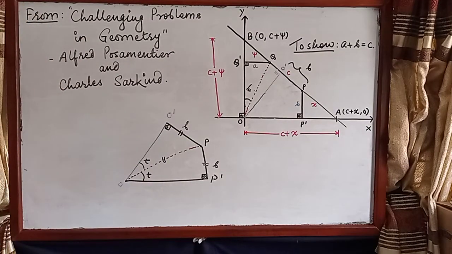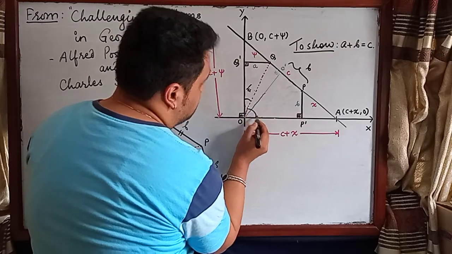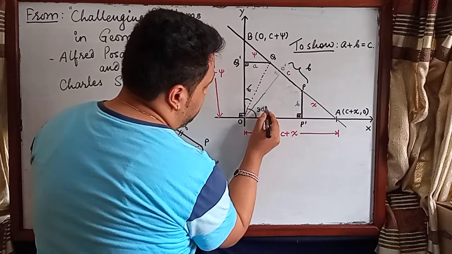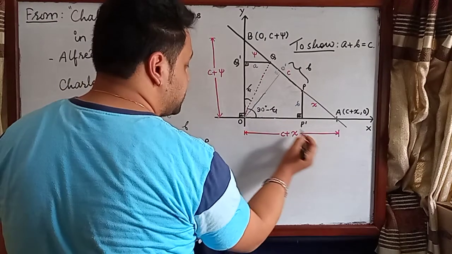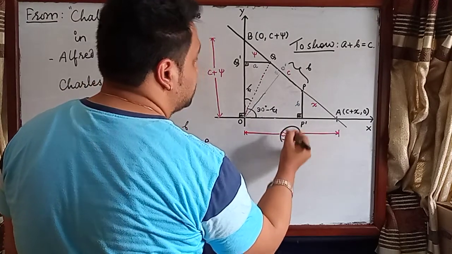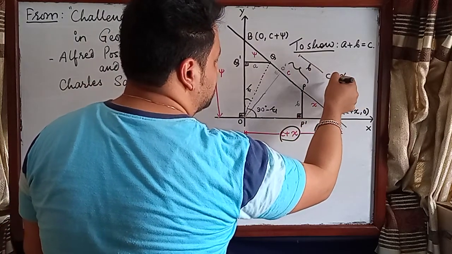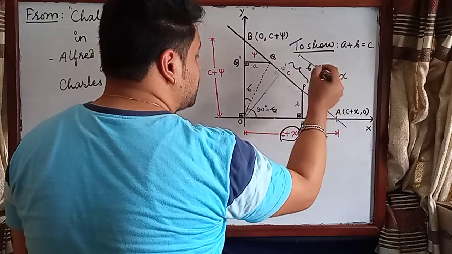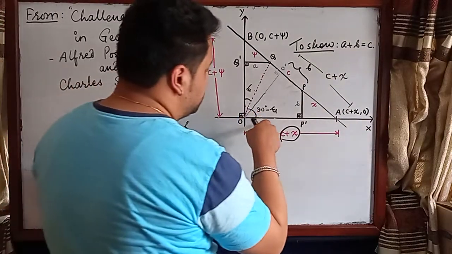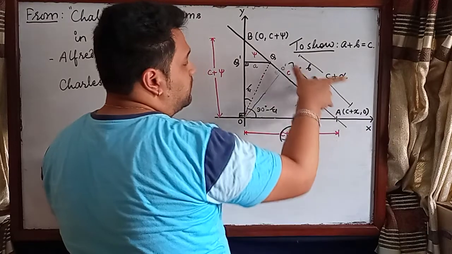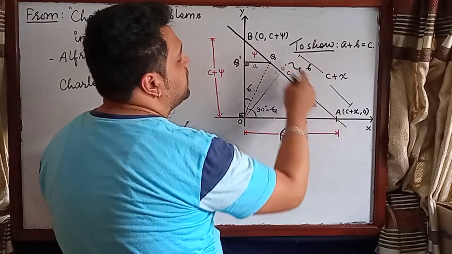Then since this is 90 degrees, this angle will be 90 degrees minus xi. And this side is equal to this side, I mean OA is equal to AQ.